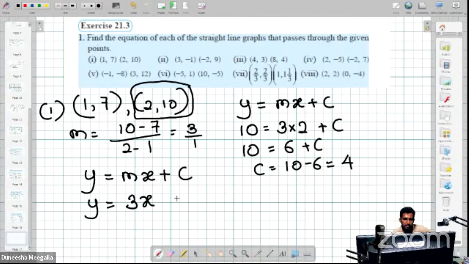Our intercept we found is 4. So 3x plus 4. What is the equation? y equals 3x plus 4, isn't it? Okay, write down the first example.